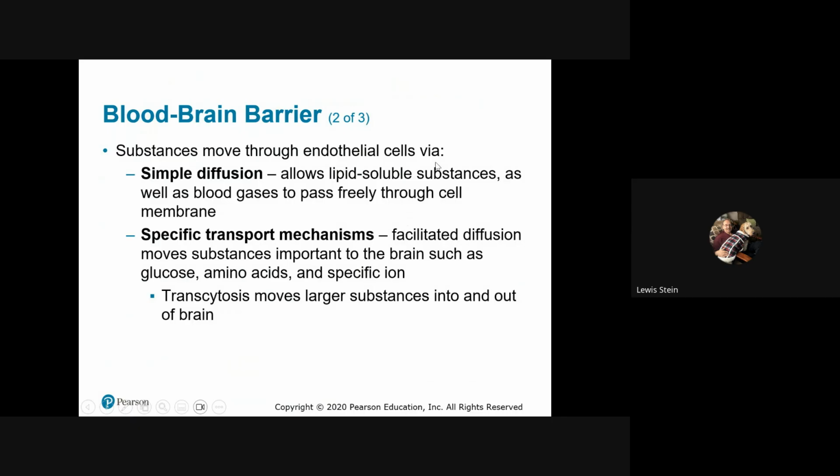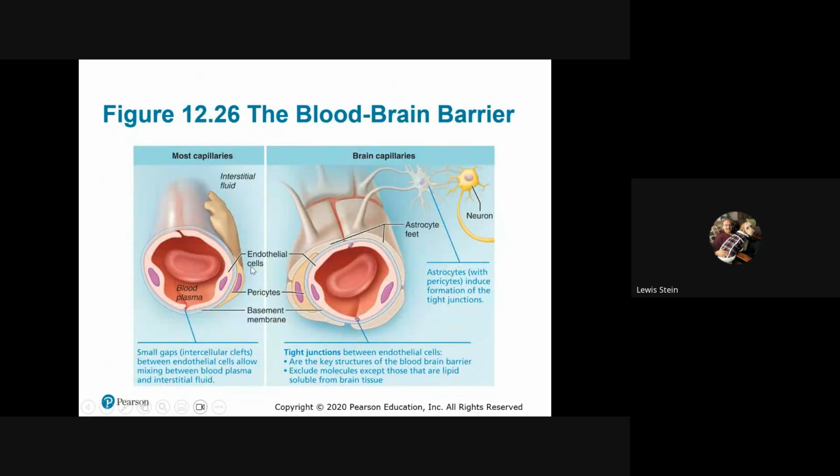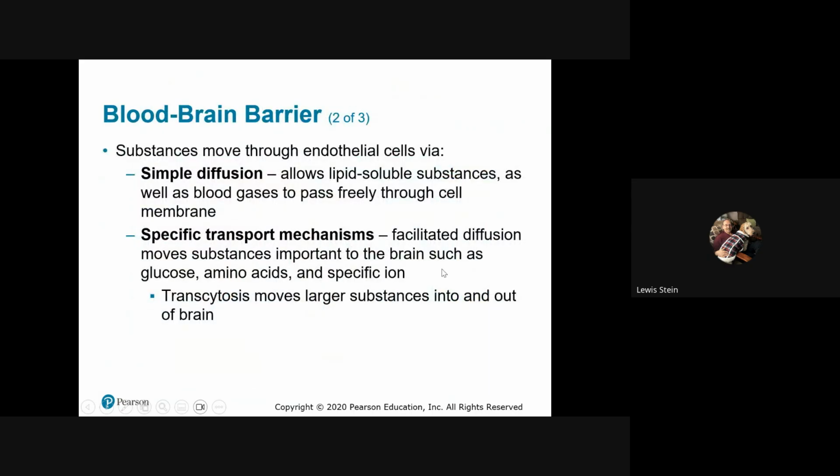Simple diffusion: lipid-soluble substances, blood gases, back and forth. Those are the types of things, and then there's a certain amount of facilitated diffusion, because glucose is the only thing your brain needs. You need specific ions or specific amino acids, say for making neurotransmitters or other protein-like substances. So it moves substances important to the brain.